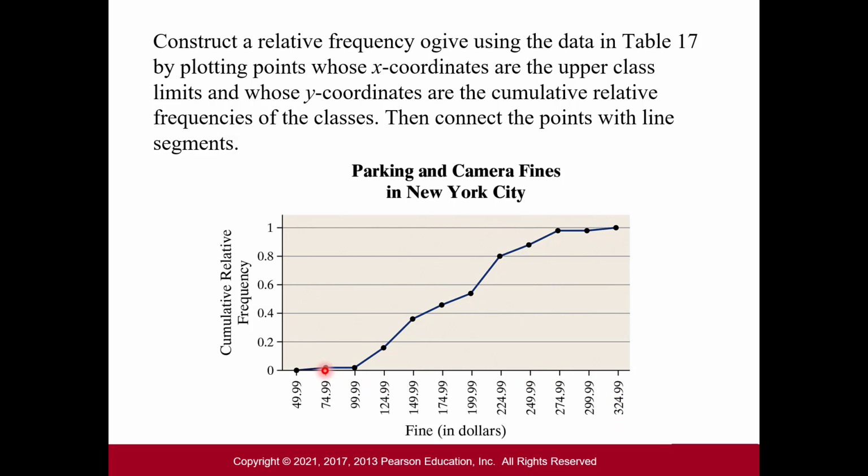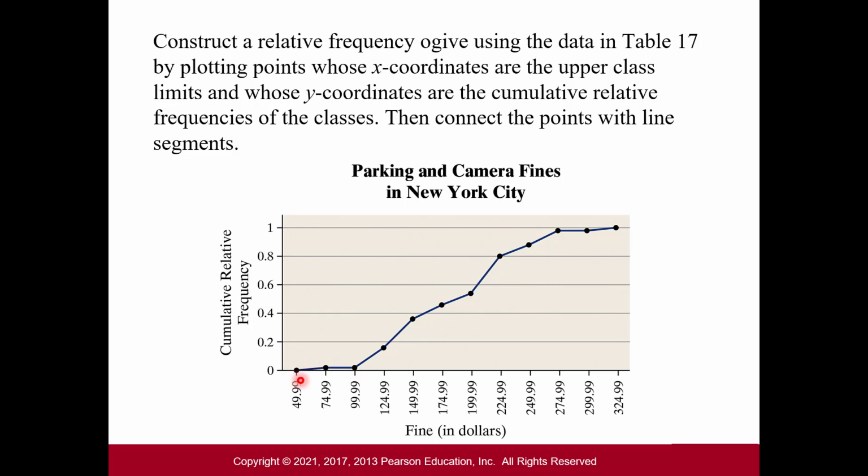And so our height of each point is the cumulative relative frequency in this case. And so it should look like it's going to go up because remember it has to reach 1 or 100% if we're accumulating, okay, if we're adding them up.